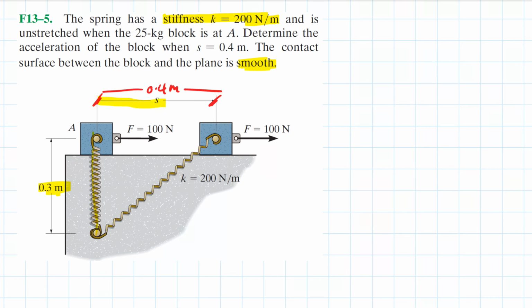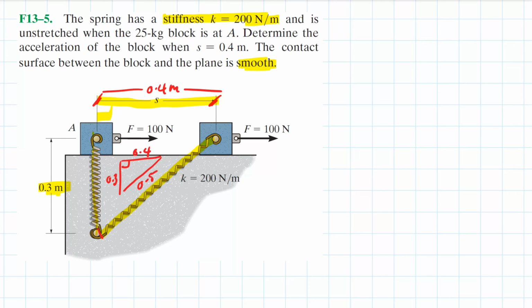And this can form a right triangle. This is the stretched spring, so we can think of this as a triangle. This is 0.3. This is 0.4. When you square 0.4, add it to the square of 0.3, and take the square root, it will give you 0.5.